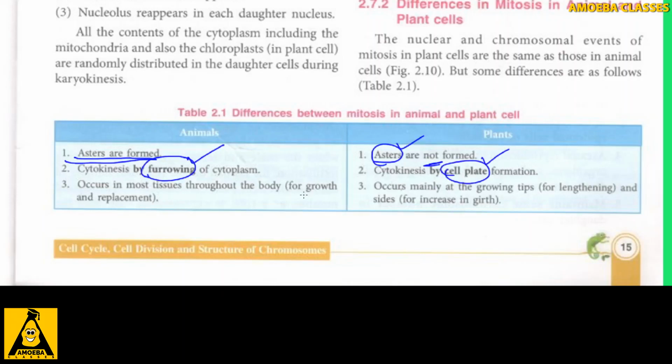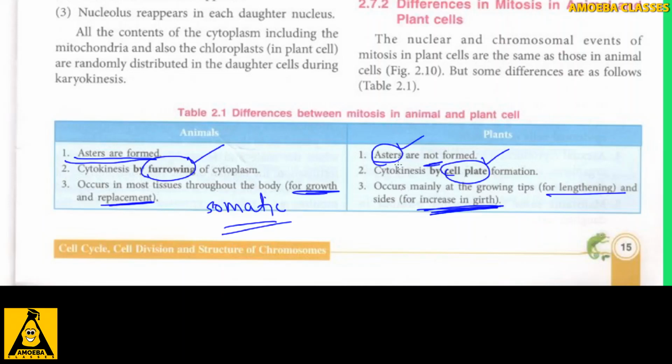In plants, meristematic tissue will be there for lengthening and the increase of girth. And in animals, the somatic cells, as I told you in the very first lecture, undergo mitosis, right? Means mitosis takes place in the somatic cells.